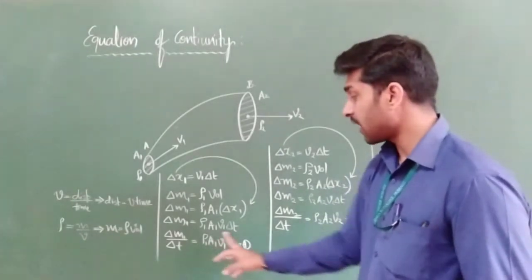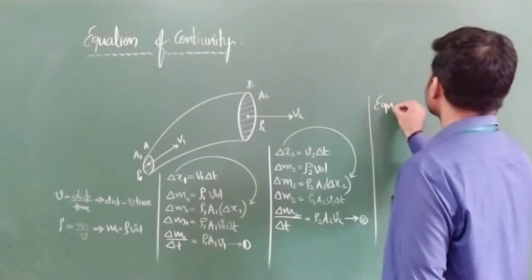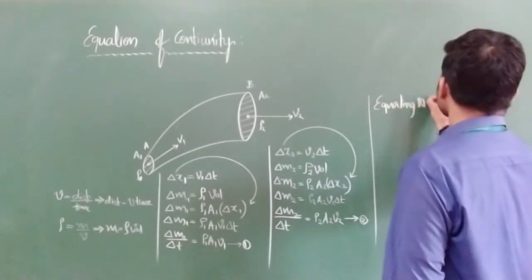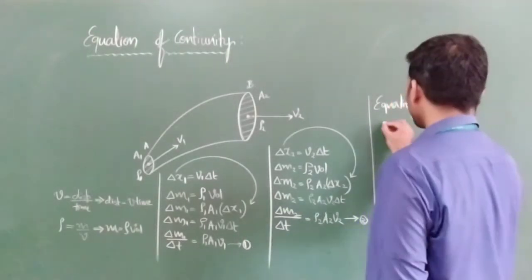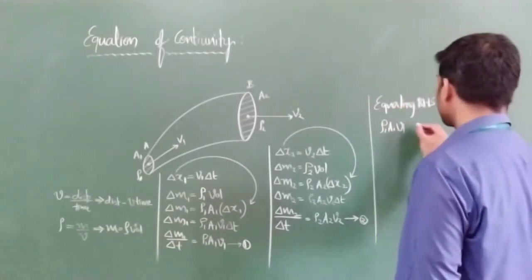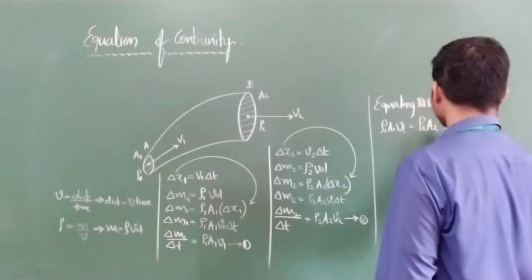So equating the right hand sides, we get rho 1 A1 V1 should be equal to rho 2 A2 into V2.